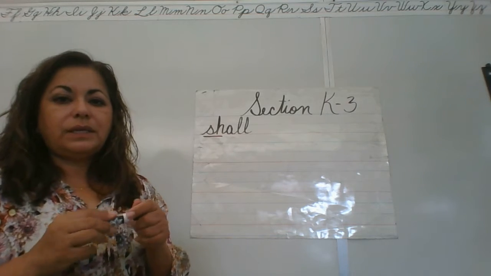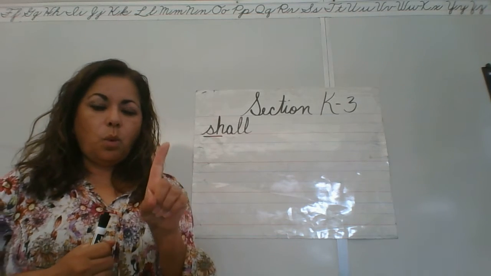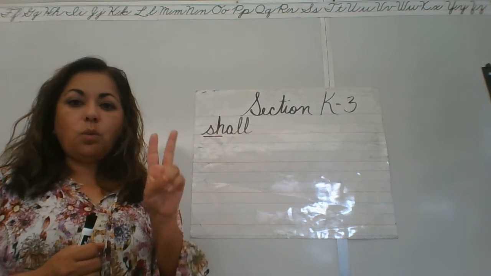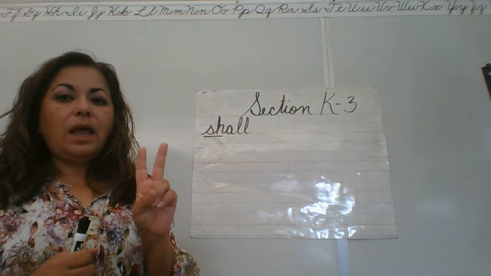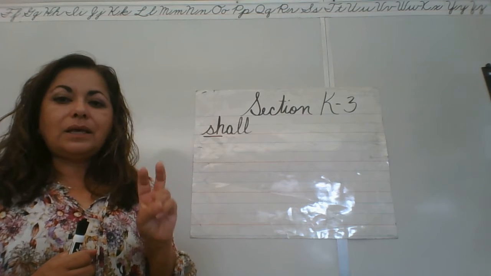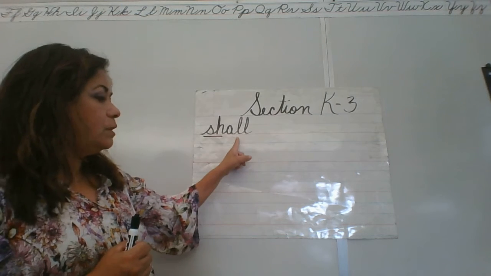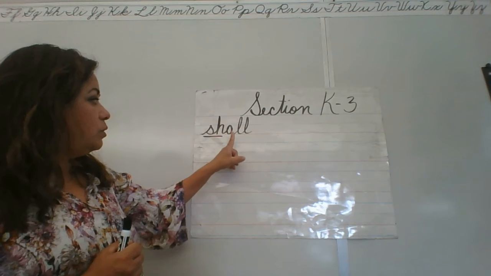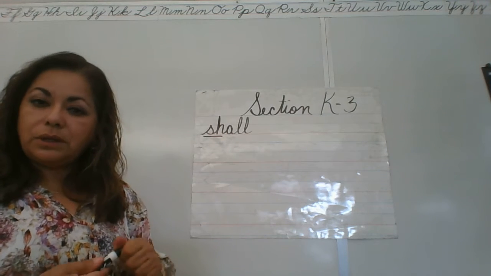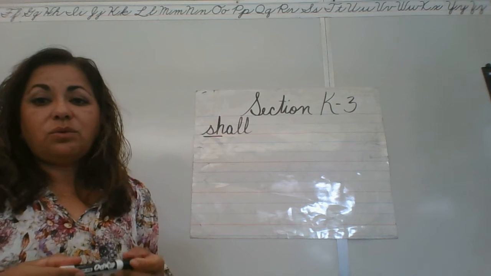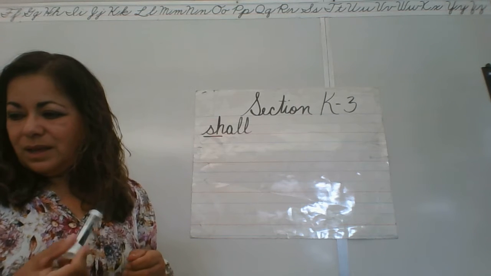The rule is that if you have one syllable, which we do, shall, and one vowel, and the word ends in F, S, or L, we often double the F, S, or L. Okay? So in this case, it ends in L, so we double it. I don't know why, but it's just a rule, and we follow the rules.